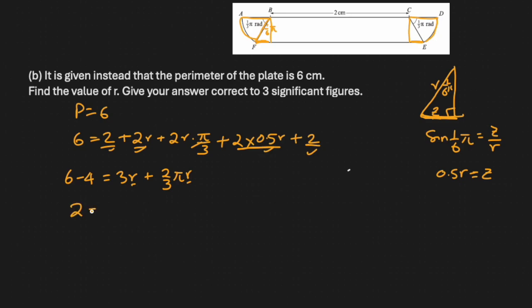So 2 equal to r taken common, 3 plus 2 over 3 pi, and r will be 2 divided by 3 plus 2/3 of pi. Just put this in a calculator and you'll get your answer.